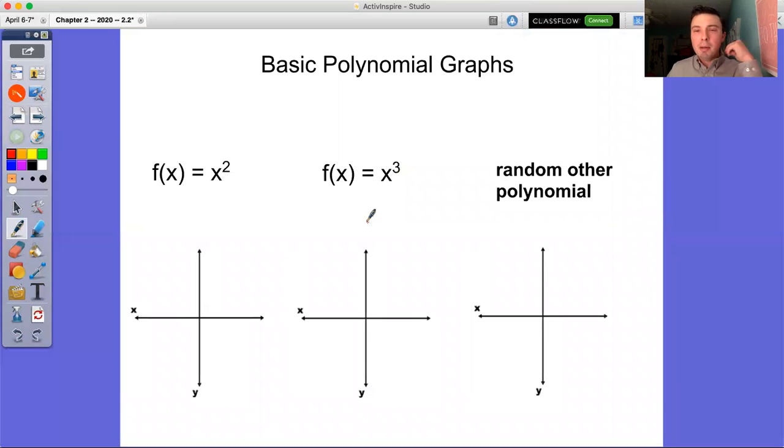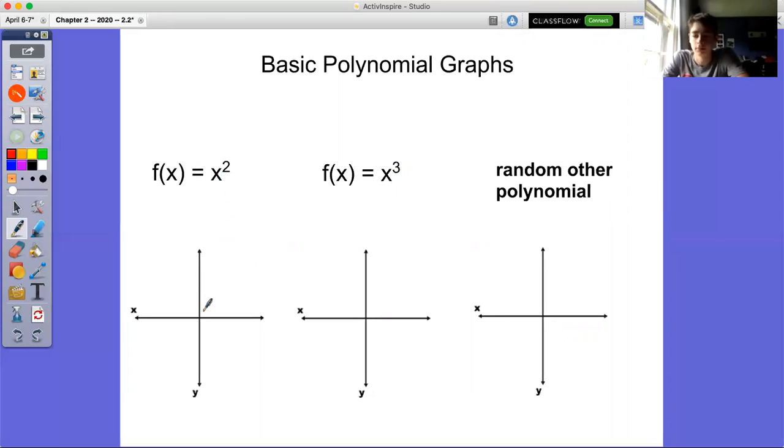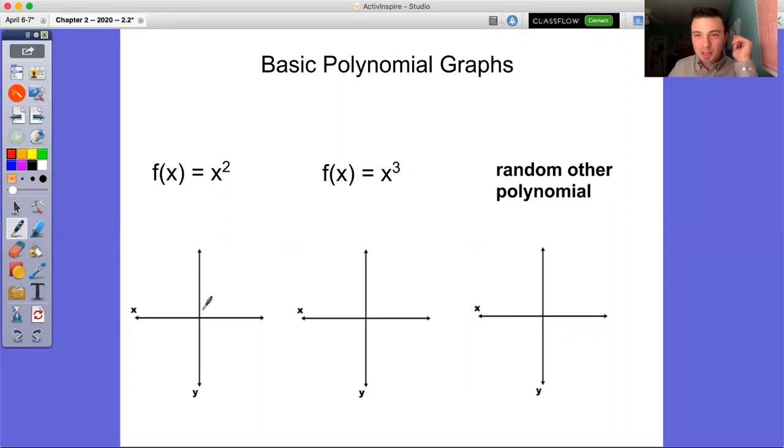All right, so basic polynomial graphs. What do they look like? Does anyone remember what this looks like? If you watched yesterday's podcast, you should know what the graph of x squared is called. It's the U. Technical term, U is not a technical term. It's called a parabola. That is y equals x squared, or f of x equals x squared right there. X cubed, how about that? What does that look like?